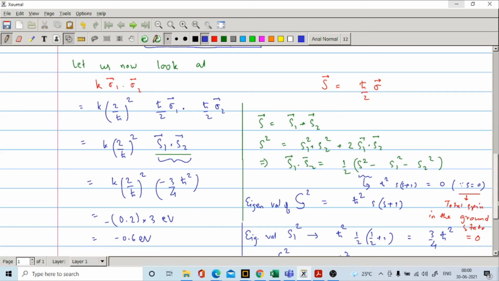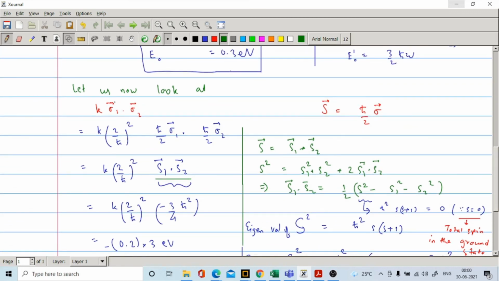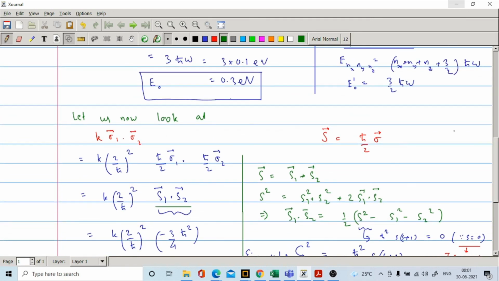So we now have these two quantities. For k sigma 1 dot sigma 2, we have this value of energy, which is the energy eigenvalue of this quantity. And the energy eigenvalue for the harmonic oscillator potential part is 0.3 electron volt.